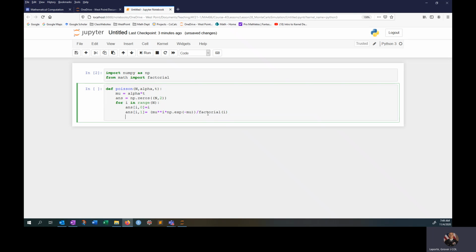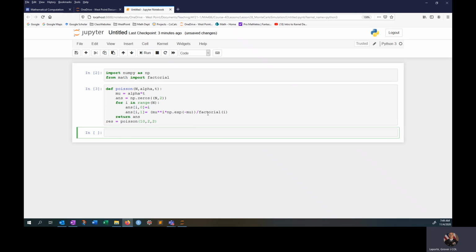All right. And then let's just print the answer. And oh, we've got to return. So return answer, and then we'll print it. So result equals Poisson, n of them, alpha, what was alpha, 2, and I think the time was 2.